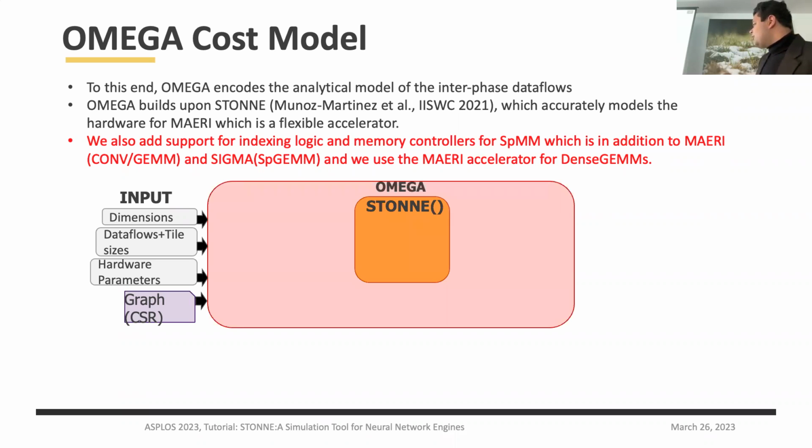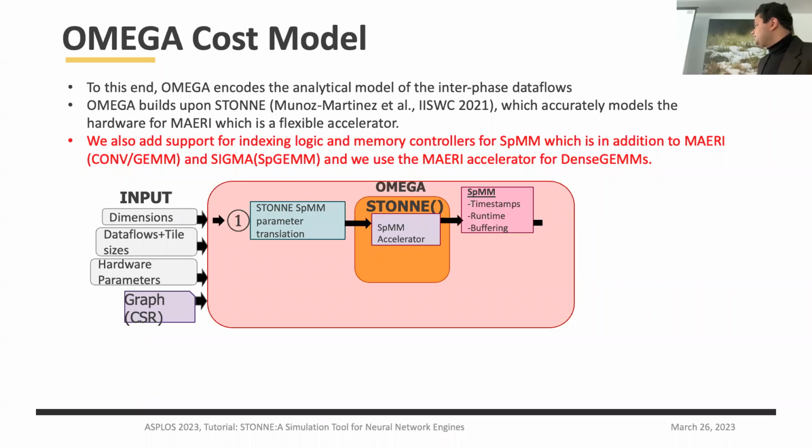Omega basically builds upon STONNE. STONNE can model SPMM, GEMM, and various kinds of kernels. We run the whole simulation with an SPMM accelerator and collect all the timestamps, runtime, and buffering statistics.